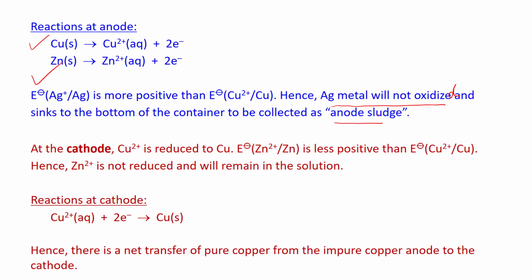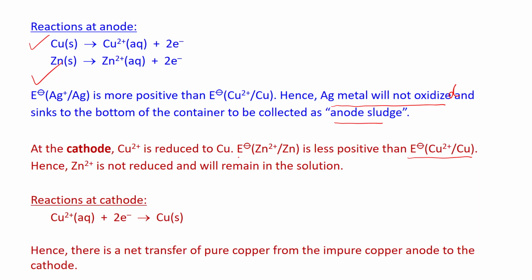Who is the one that will be reduced? If you look at the reduction potentials again, Cu2+/Cu is positive 0.34, zinc is the one with minus 0.76. So the reduction potential for Cu2+/Cu is actually more positive than that for Zn2+/Zn.